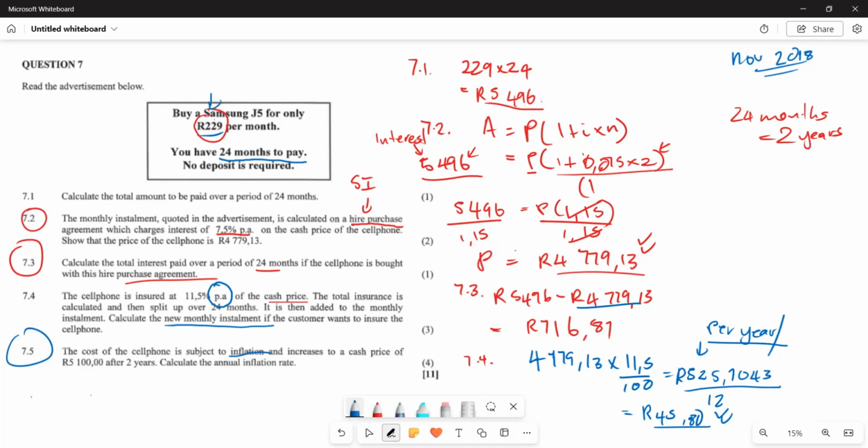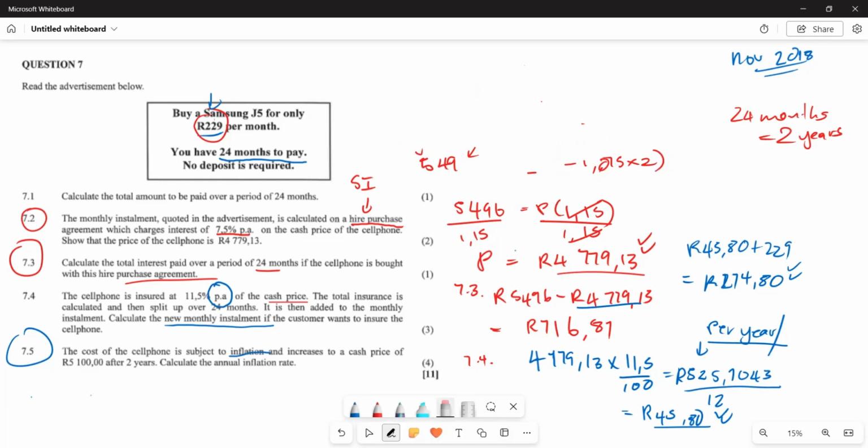So you're going to say this is the 45 rand 84 cent of the insurance plus the 229 of the installment. Then this is going to be 274.84, right? So this is going to be the new installment. This is going to be the value of your new installment. Hopefully this makes sense to you.